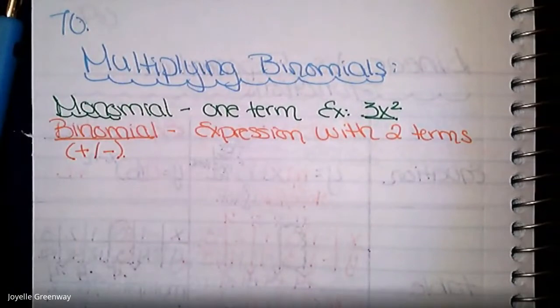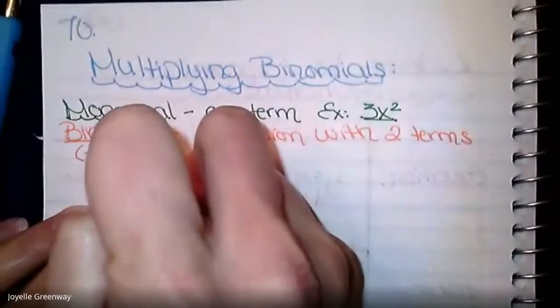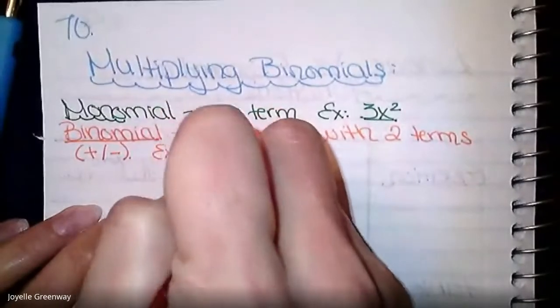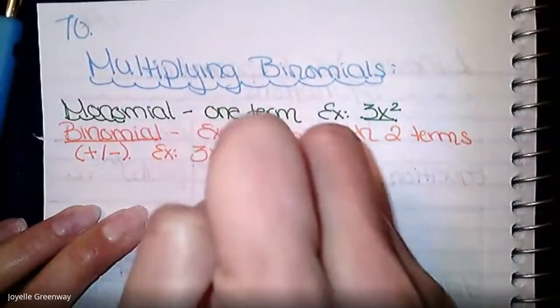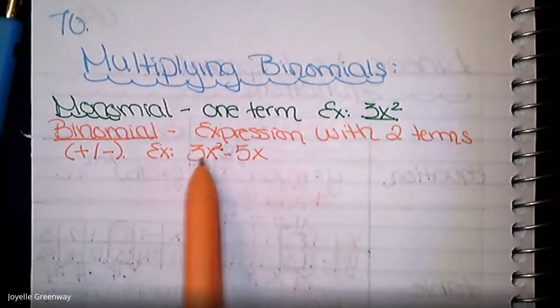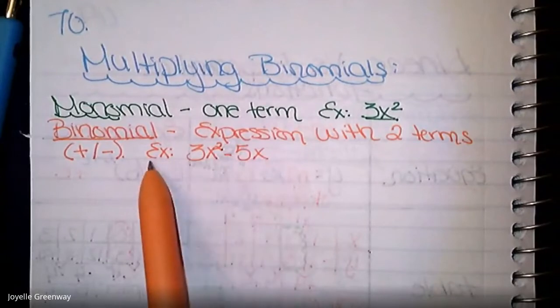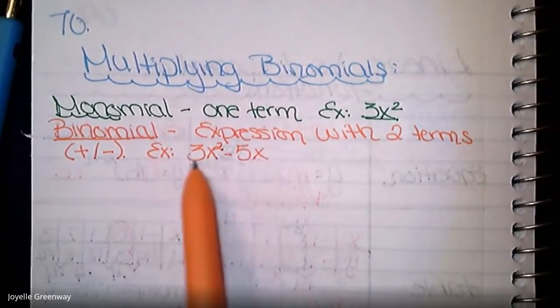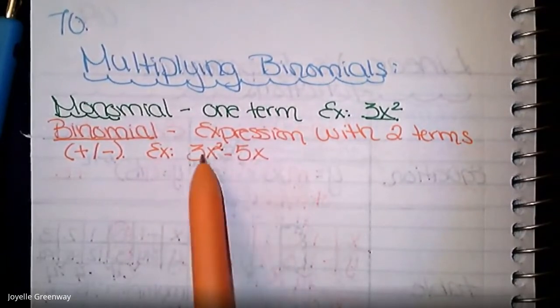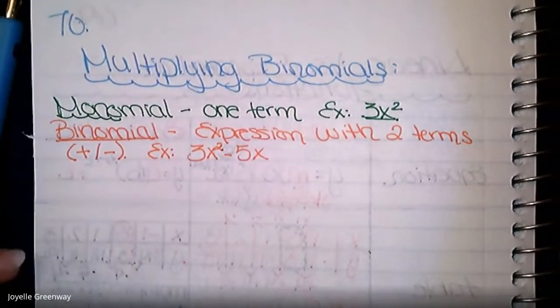Okay, so it's the sum or the difference of 2 terms. So for example, we can have our 3x squared minus 5x. Okay, these are 2 different terms, right? They're not the same term because this one's x squared, this one's not. And so this would represent a binomial. It's the difference of 2 terms. Okay, so that's a binomial.